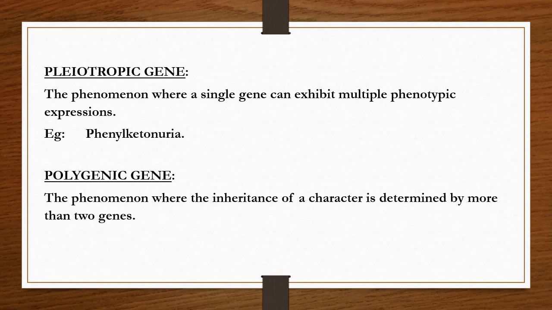More genes, a single character, polygenic. An example of polygenic is skin color in humans. Don't confuse these terms, pleiotropic gene and polygenic gene. Pleiotropic: single gene, many characters. Polygenic: many genes with a single character.